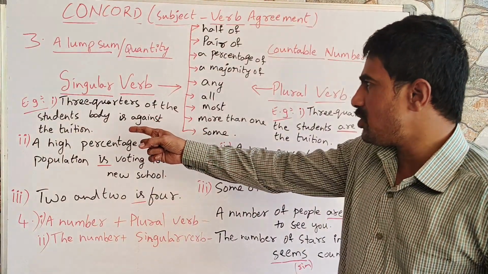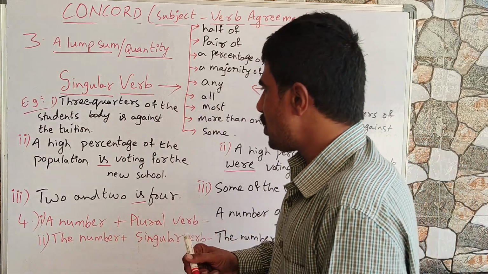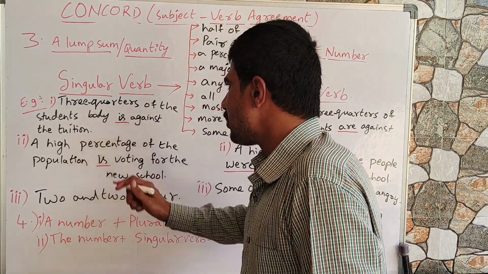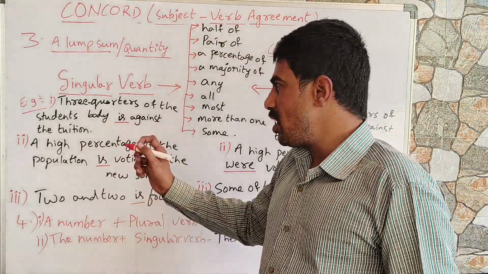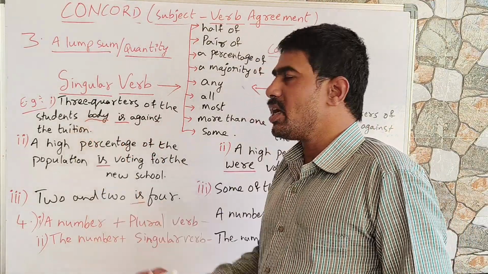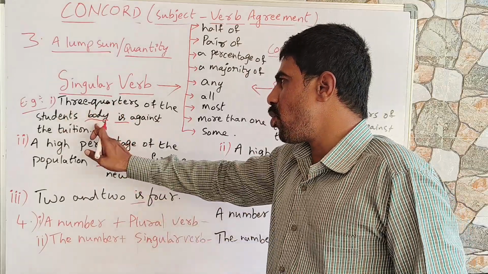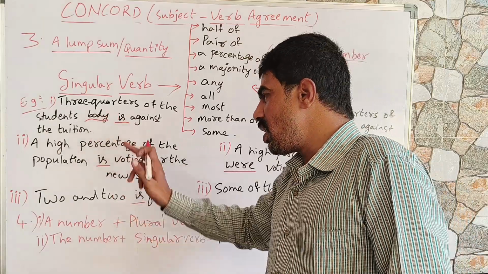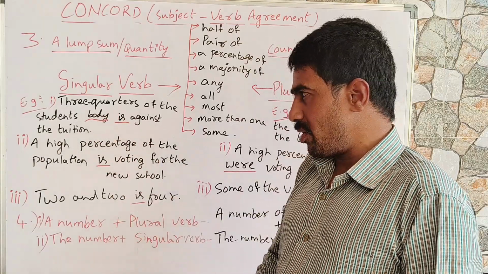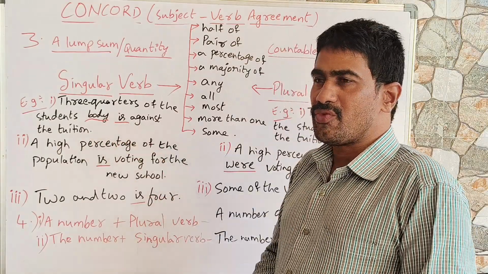Three-fourths of the student body is against the tuition. Here the word body is singular. Though there is three-fourths here, the noun body represents a singular noun, so there is a singular verb.